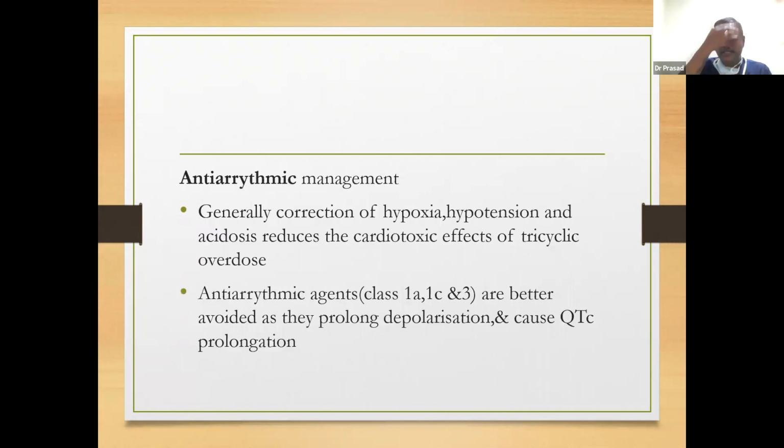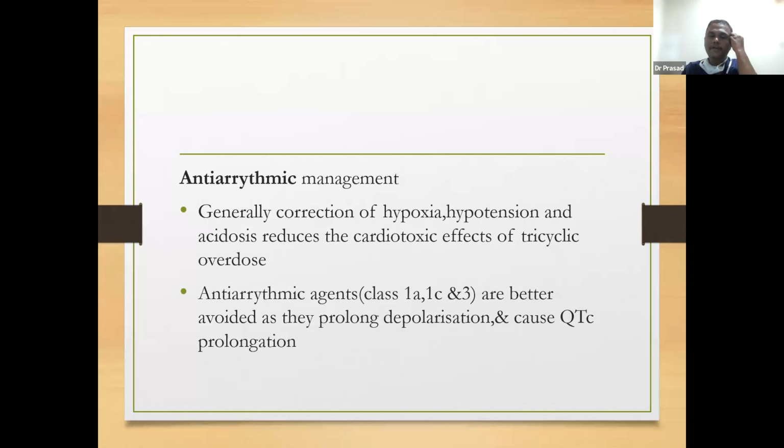Now, as we have discussed in the cardiovascular effects, TCA overdoses are associated with many arrhythmias. So, general correction of hypoxia, hypotension, and acidosis itself reduces the cardiotoxic effects of the tricyclic overdoses. However, if required, antiarrhythmic agents are better avoided as they prolong the depolarization and further cause QTc prolongation.